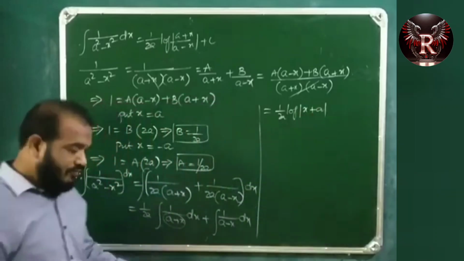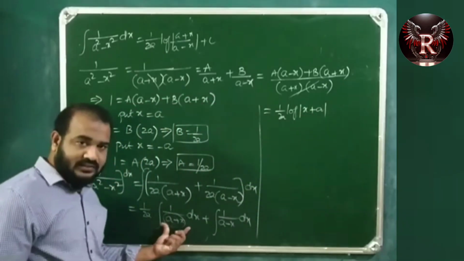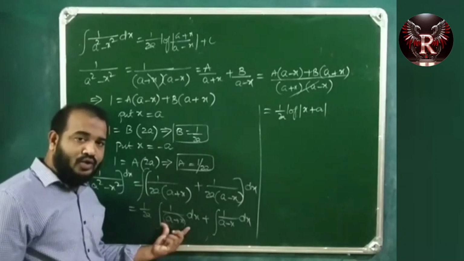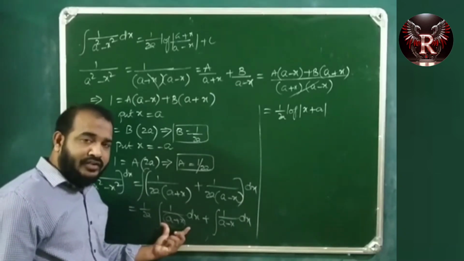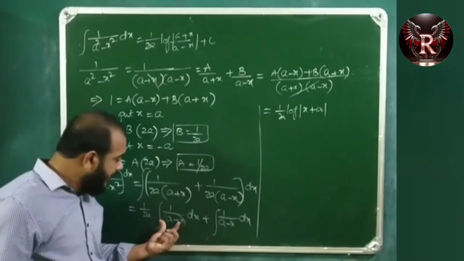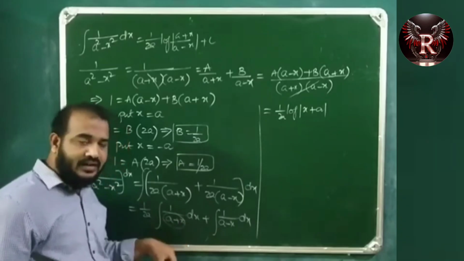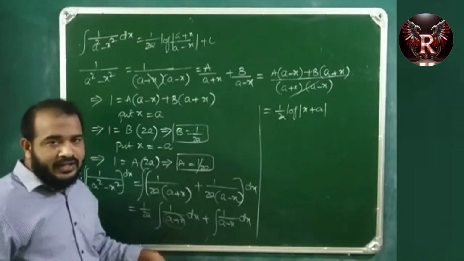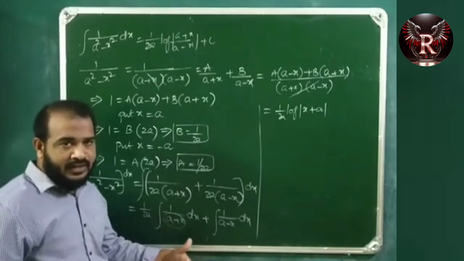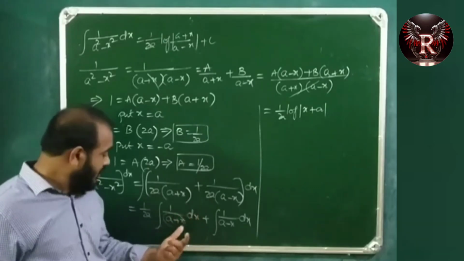divided by the derivative of whichever expression is temporarily taken to be x, we need to differentiate it. Here it is d by dx of a plus x. d by dx of a is 0, d by dx of x is 1.